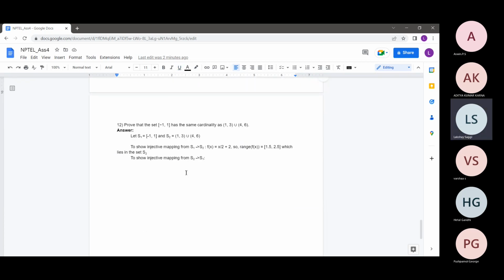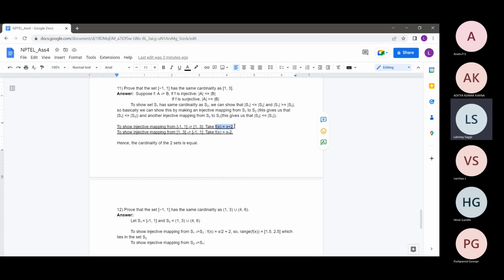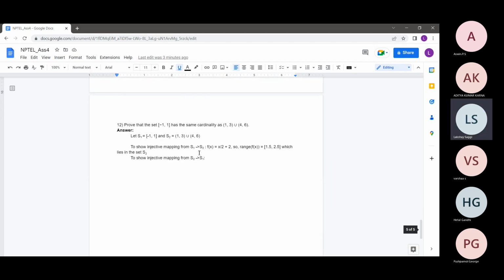So similarly here, we'll try to find a function which maps -1 to 1, this set S1, to this set S2. So for this part, first of all, I was saying that f of x equals x plus 2 won't work now. Why this won't work is, Aditya, because S1 contains the value -1 as well as contains the value 1.